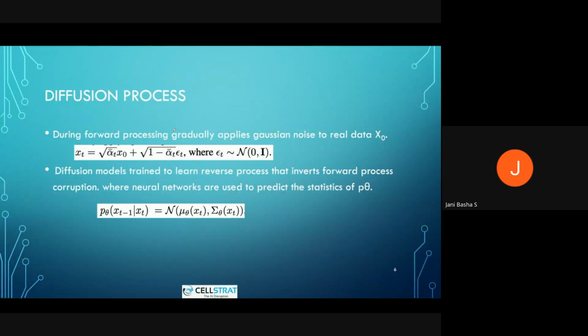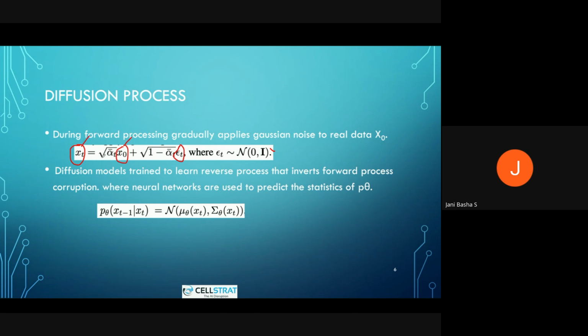During the forward process, I said we'll be using Gaussian noise. This is the formula for that, wherein we take the initial image x0 and add Gaussian noise, generating a noisy image. After adding the noise to the original image, it will become noise again.